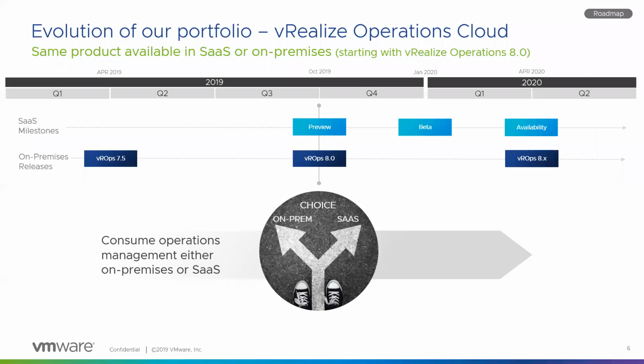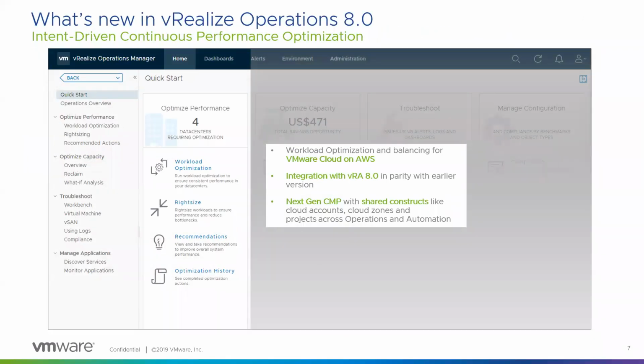We've onboarded some customers there, so you see that time frame. We're definitely on time for that, and then we'll have initial availability later this quarter when we launch the next version of vRealize Operations 8, and those will come out together. So that's a little bit of a roadmap and where we're headed here.